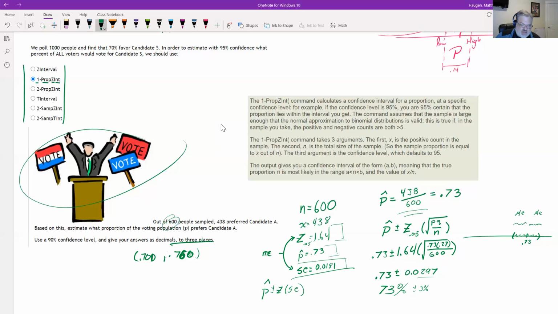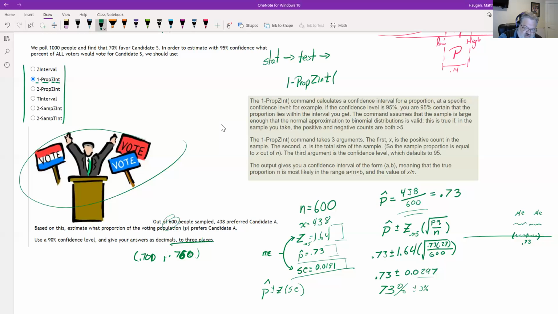Okay. Now, you said you wanted to use the calculator for it. You go to your stat menu, then to tests, and there should be one prop z interval, because this is a proportion under one variable, and we're using z-scores to find an interval. So, one proportion z interval.